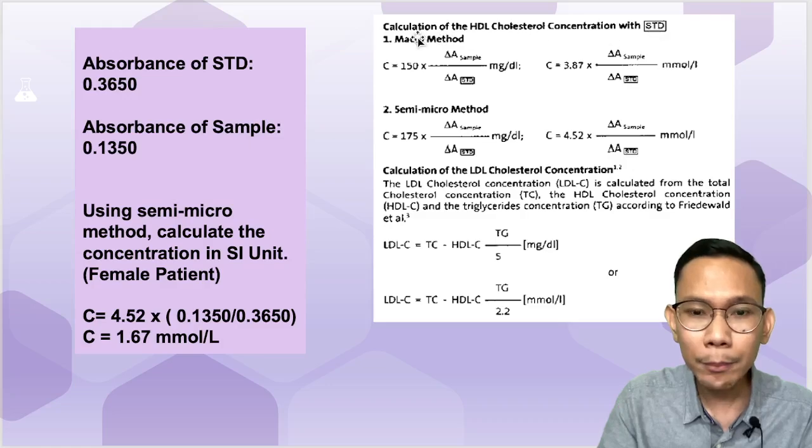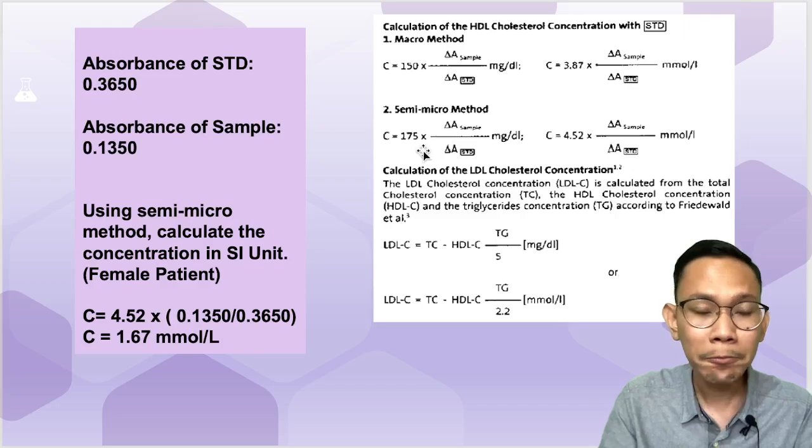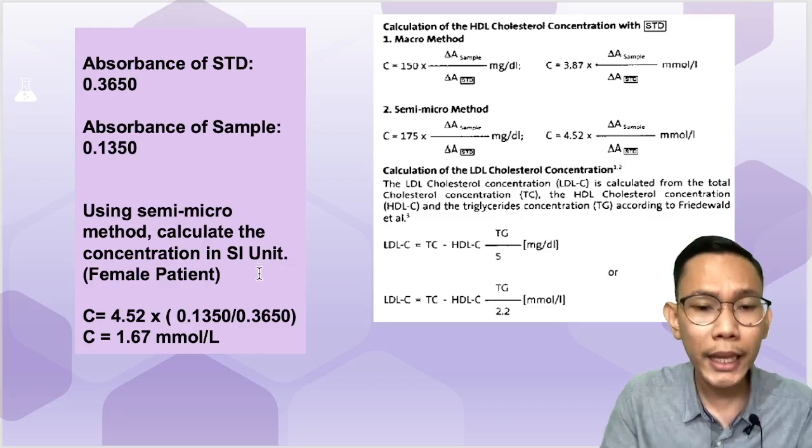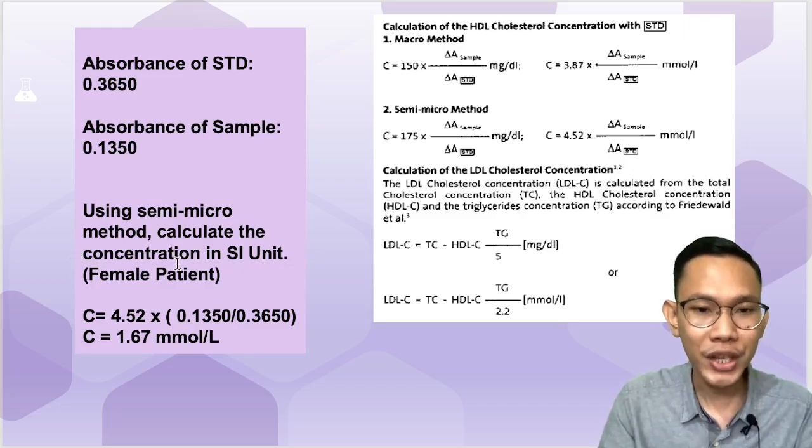Of course, I'll provide the data or information on the factors. Okay? Example: the absorbance of our standard is 0.3650. The absorbance of our sample is 0.1350. Using the semi-micro method, calculate the concentration in SI unit of your female patient.